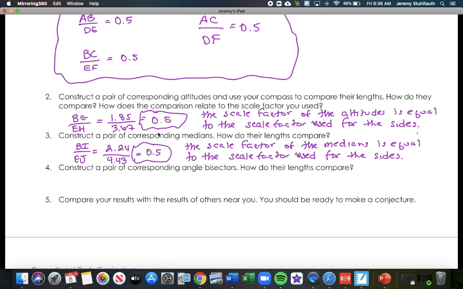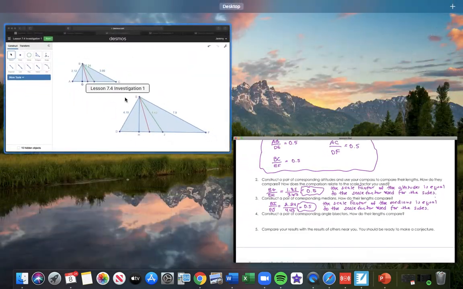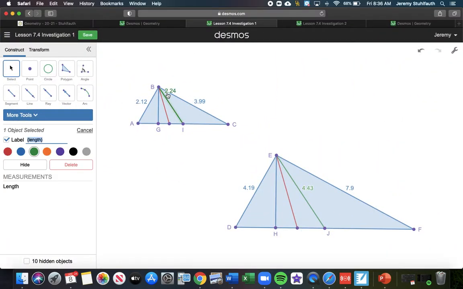Okay. And then we're going to look at one last thing, the angle bisectors. The angle bisectors are the red segments here. So we'll label that 1.94. And then we'll label these points as well. So we have K and we have L. So what we have here is BK and EL.